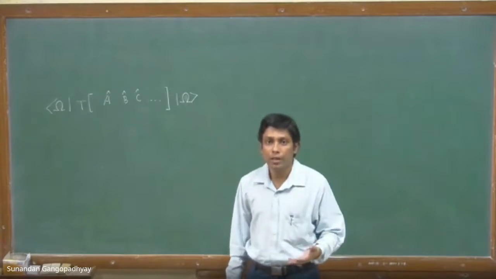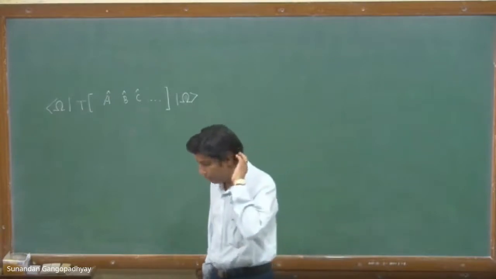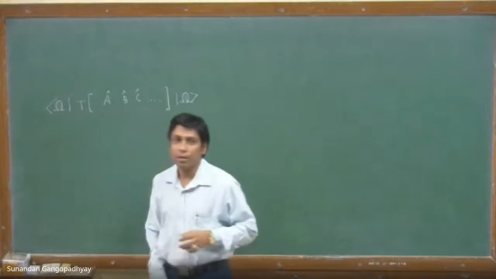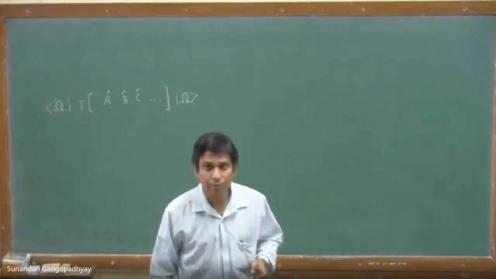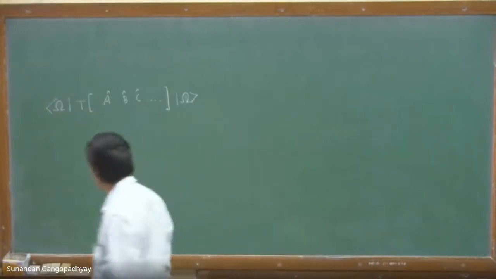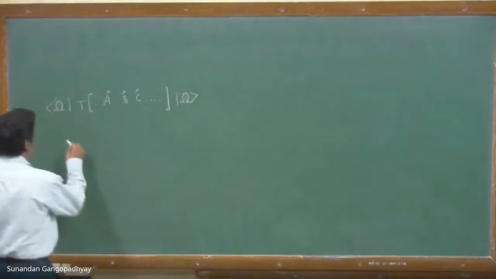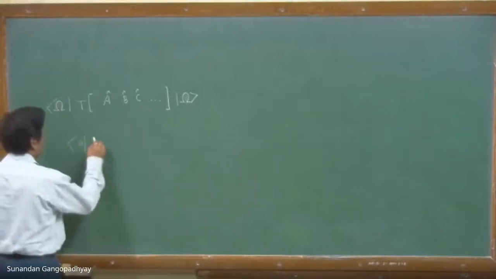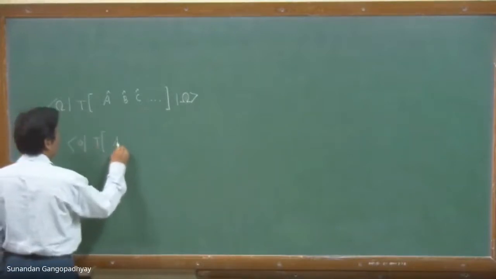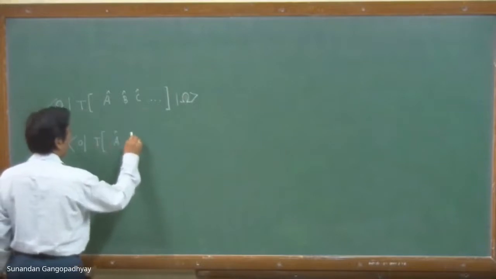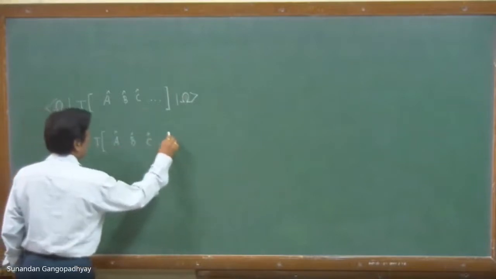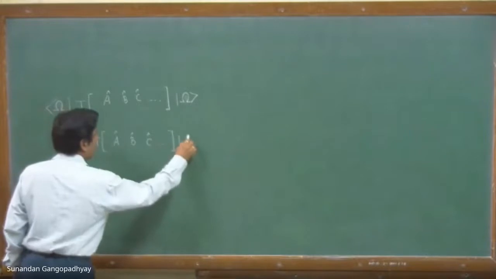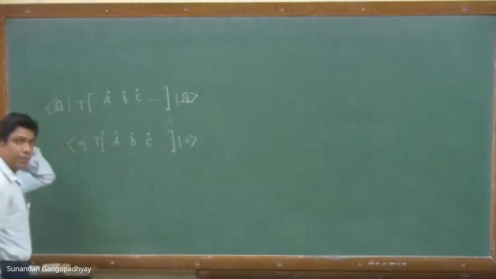So our goal is to calculate objects like this, where these are interaction picture field operators, which evolve by the free Hamiltonian, and we want the vacuum expectation value where the vacuum is that of the free theory.